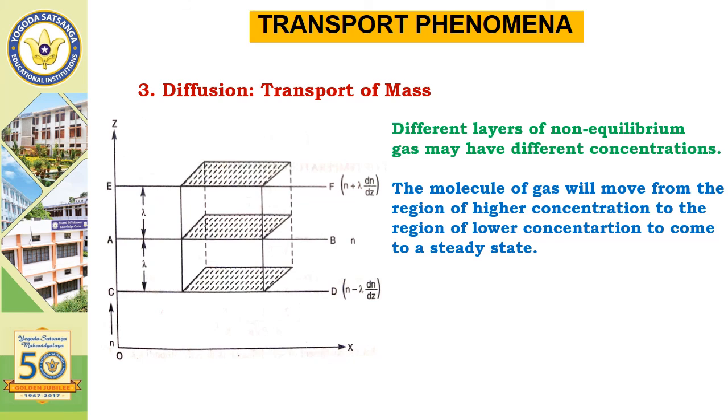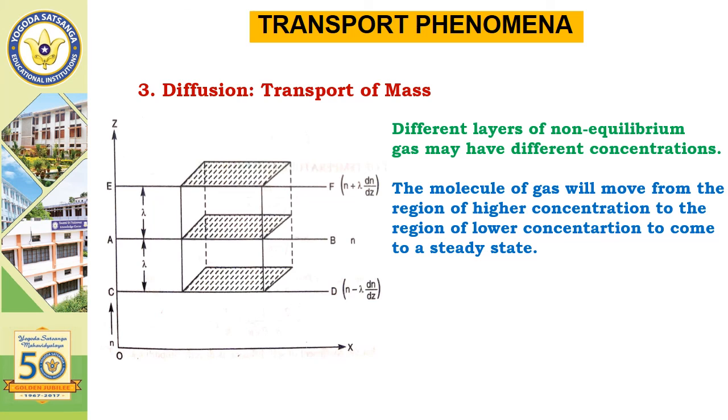Molecules of gas will move from the region of higher concentration to the region of lower concentration and finally come to the steady state. Here in the figure AB has the number n of molecules, and dN by dz is the gradient, which changes with the values of z.